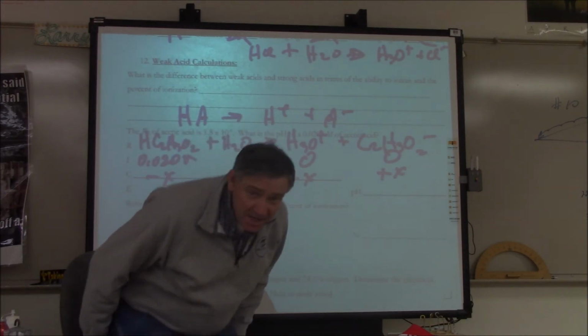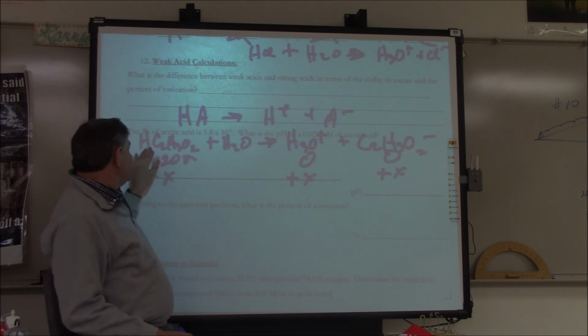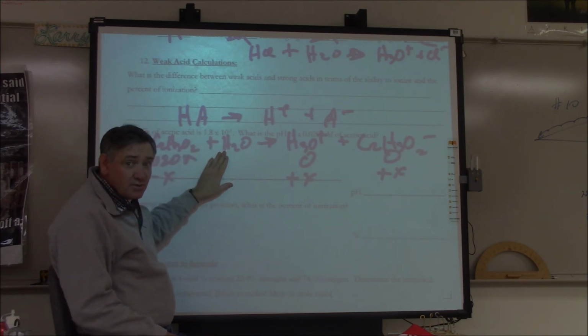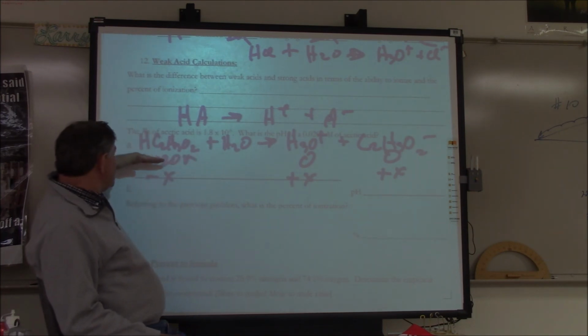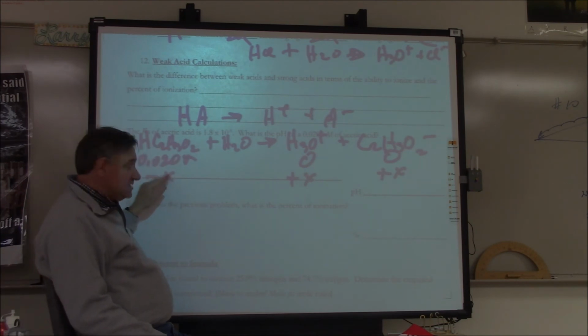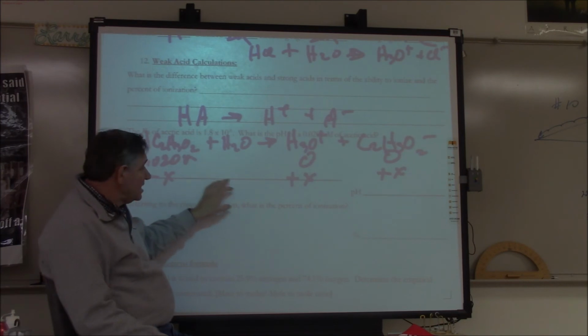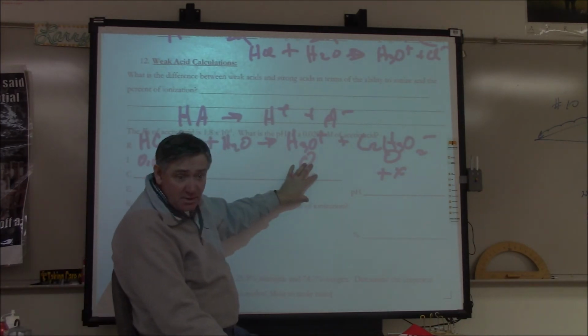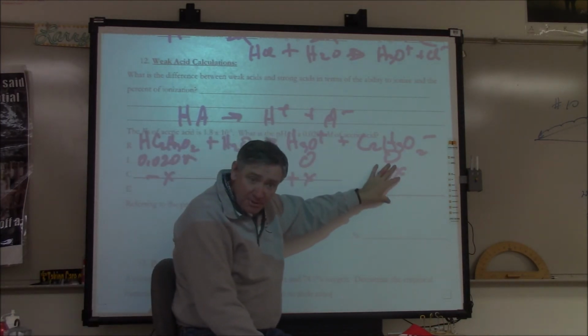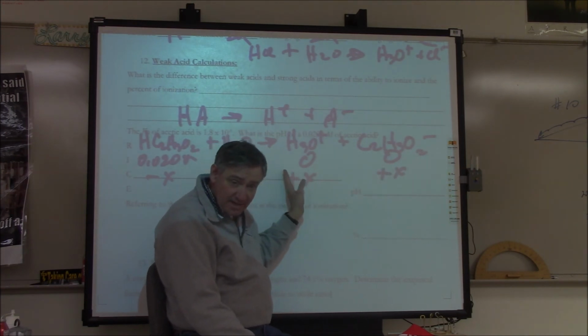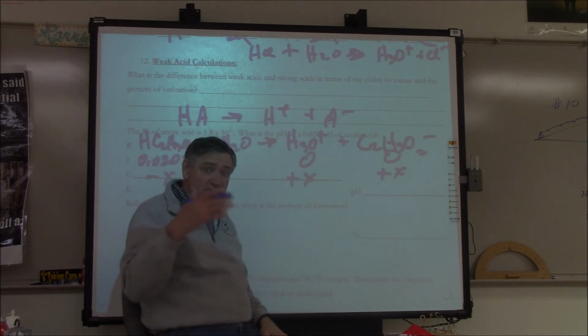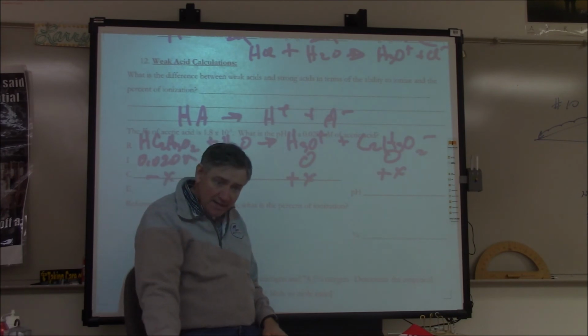Now, if this had been hydrochloric acid or one of the strong acids, then I would lose all of this, so I would go minus 0.02 because it would completely ionize. And then I would put plus 0.02 over here and plus 0.02 if it was a strong acid. Because by definition of a strong acid, it completely ionizes.